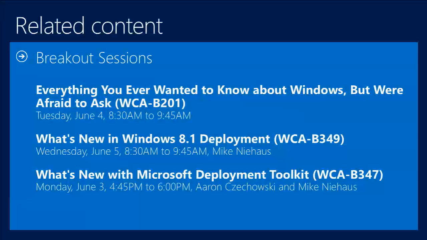With that, we'll be talking mostly about MDT 2012 Update 1, which has been out for just under a year now. So we'll focus more on what's changed in that, but we'll also have a period where we talk about the delta changes for MDT 2013 as well. It'll be fairly simple, fairly minor to upgrade from MDT 2012 Update 1 to MDT 2013 to get you in a position to deploy Windows 8.1.